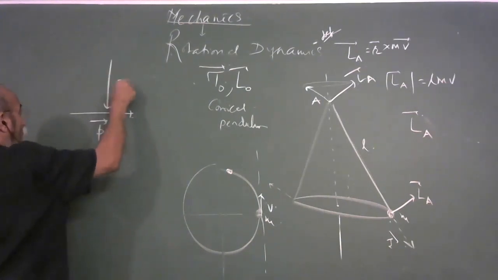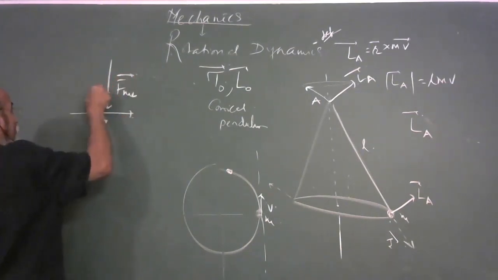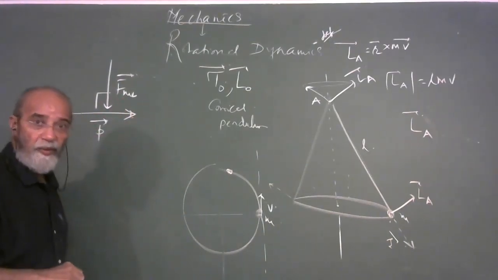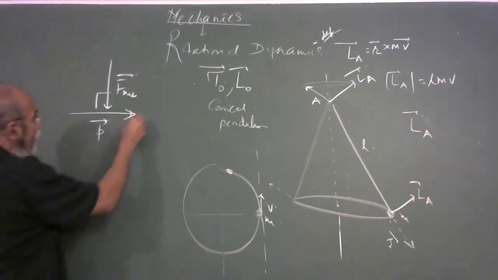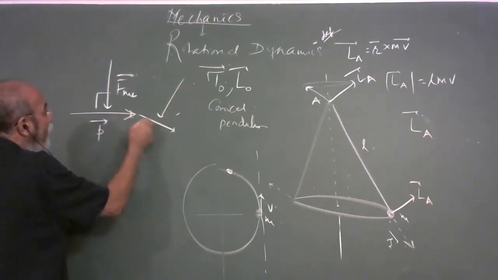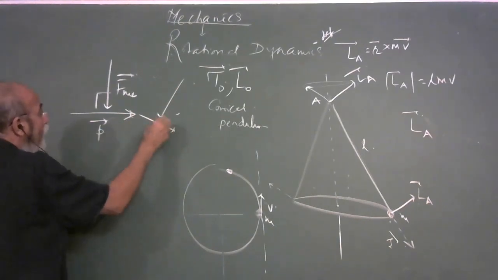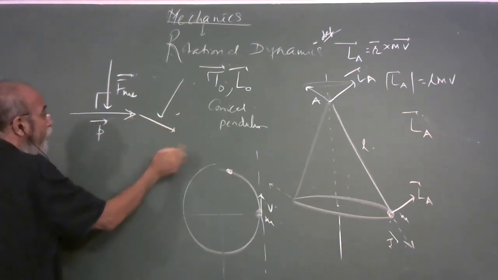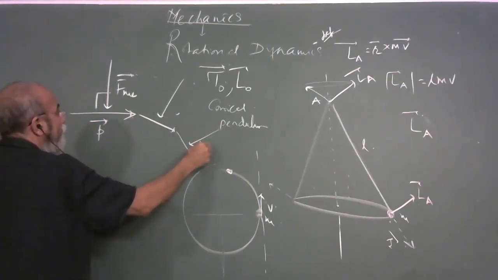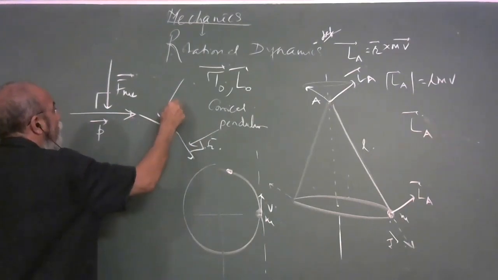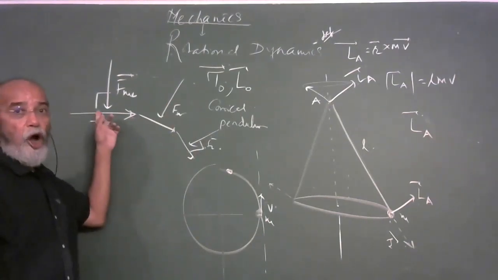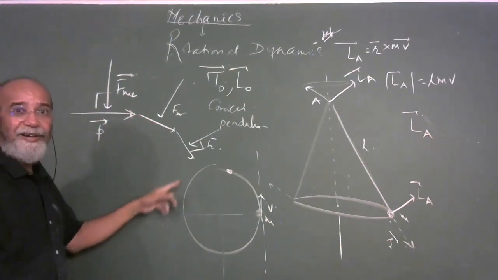When the net force on it acts perpendicular to P. I told you last time. And if it continues to act perpendicular, the P vector will execute a rotation, and we say the object moves in a circle.